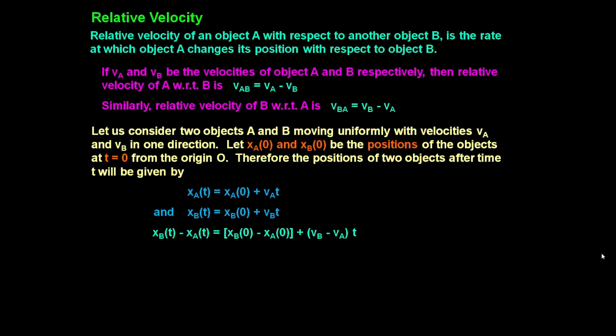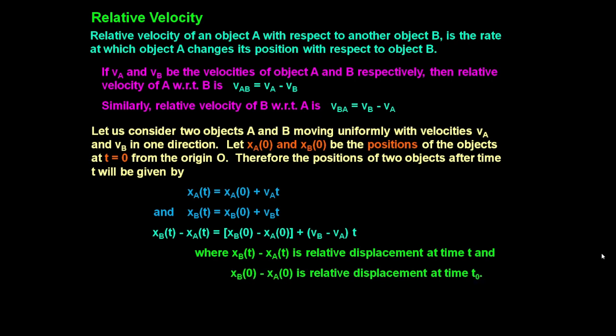On subtracting, xb(t) minus xa(t) is equal to xb minus xa plus (vb minus va) t, where xb(t) minus xa(t) is the relative displacement at time t. So xb minus xa is the relative displacement at time t naught. Then vb minus va is the relative velocity of b with respect to a.